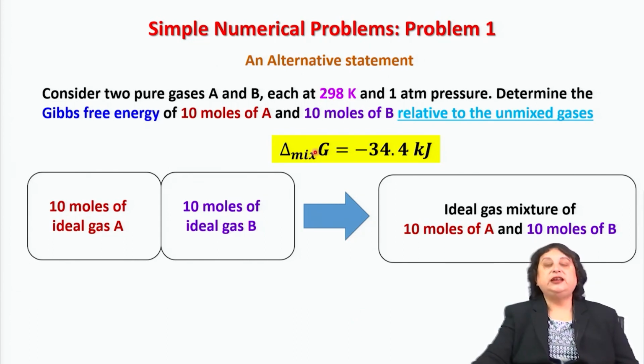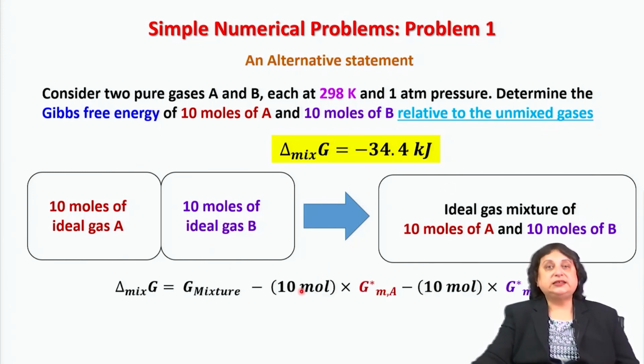Here is an alternative statement which is not exactly telling you that you have to find this delta G mix. It is the same first line. Consider 2 pure gases A and B, each at 298 Kelvin and 1 atmospheric pressure. Determine the Gibbs free energy of 10 moles of A and 10 moles of B relative to the unmixed gases.